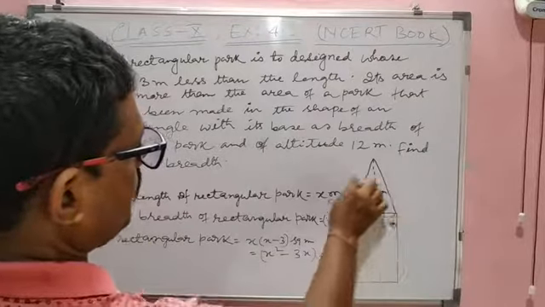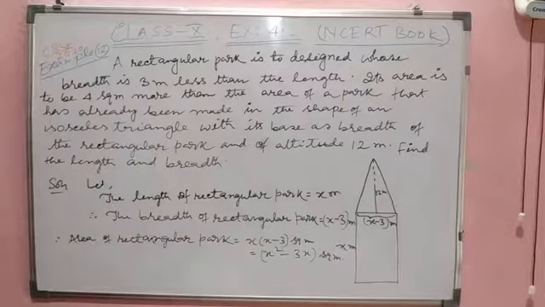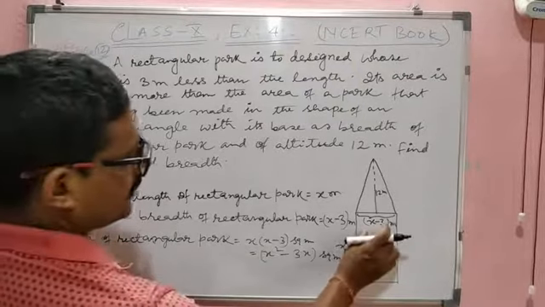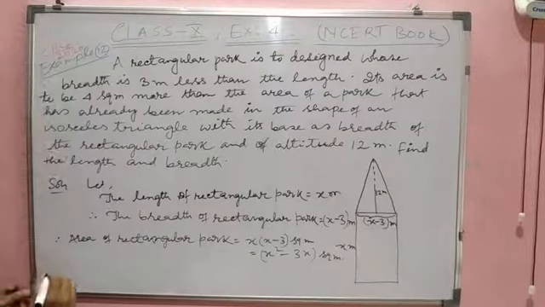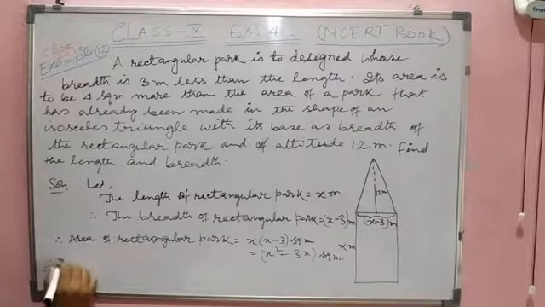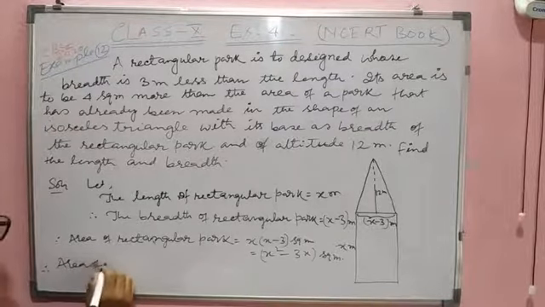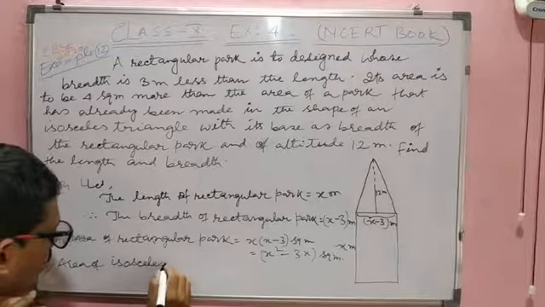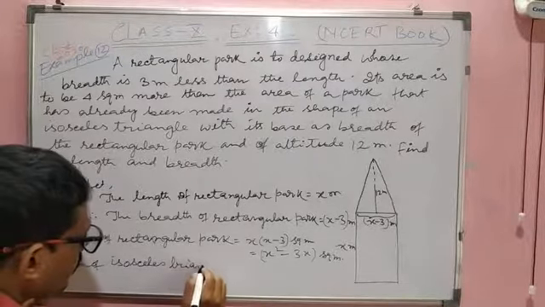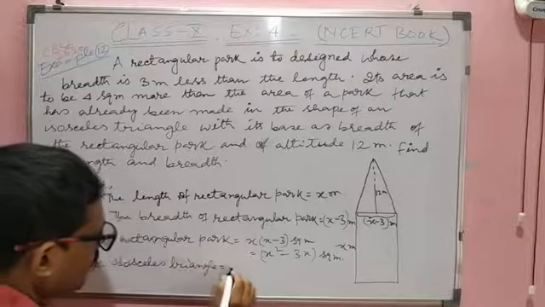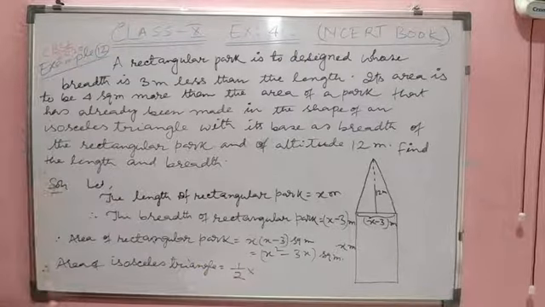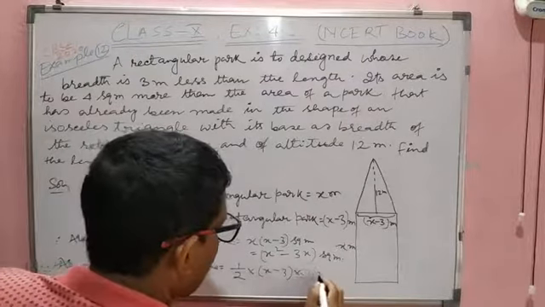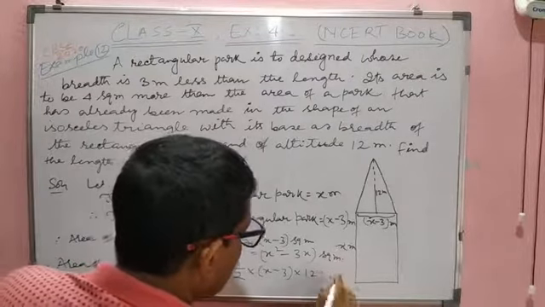Now area of this isosceles triangle. Area of isosceles triangle is half into base into height. So base is this one, height is this one. So area of isosceles triangle equals half into base into height, height is 12 meter.